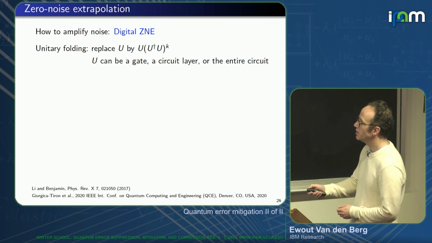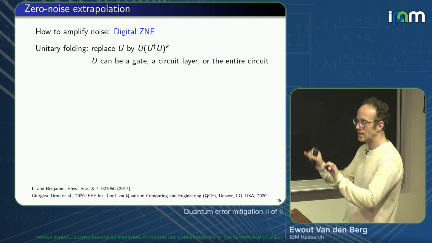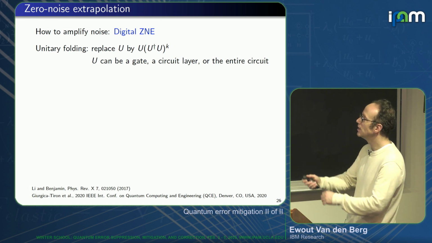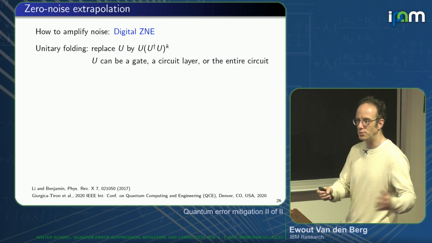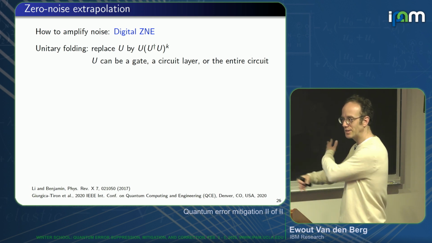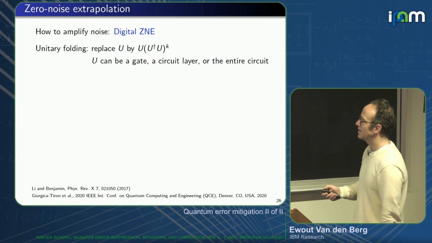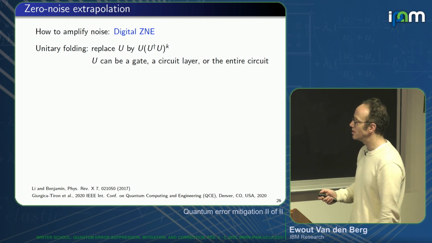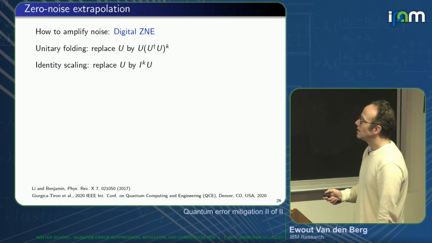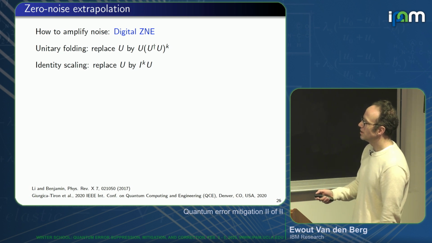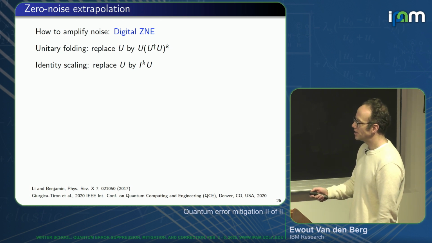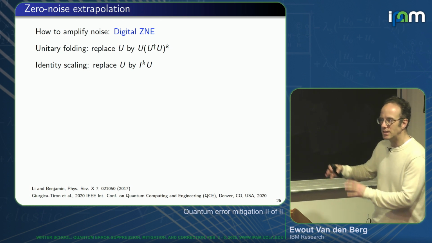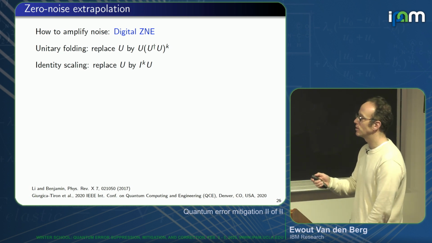It can be a single gate, a set of gates or a layer, or the whole entire circuit. You do the circuit, you flip it, you just keep repeating it and hope to amplify the noise properly. Identity scaling: you can replace some unitary by just applying an identity gate and hope that will make the noise worse.